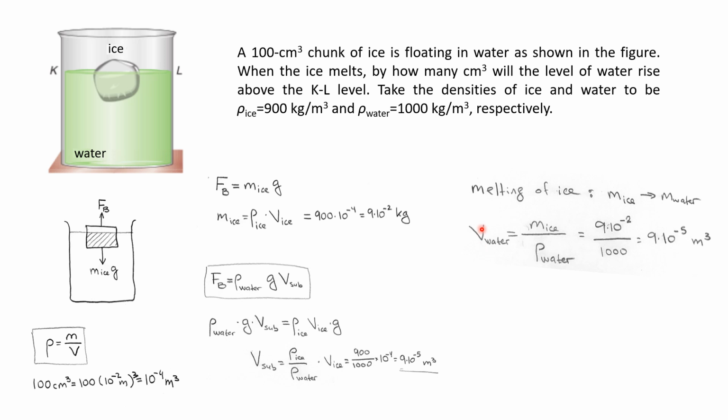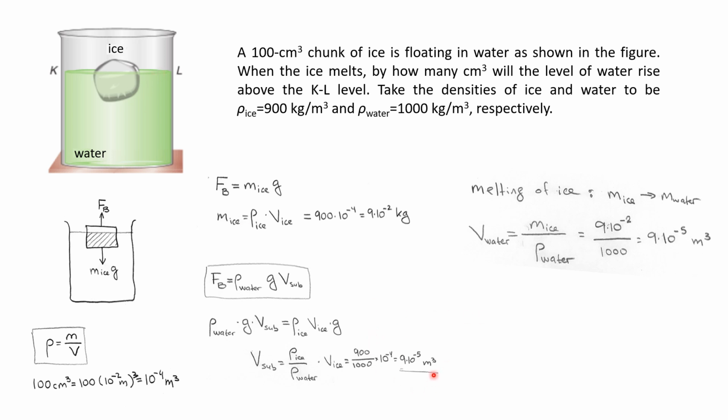So the volume of the water that forms because the ice melts is going to be equal to the mass of the newly formed water divided by the density of the water. So we have 9 times 10 to the minus 2 divided by the density of the water, and we get 9 times 10 to the minus 5 meter cubes.